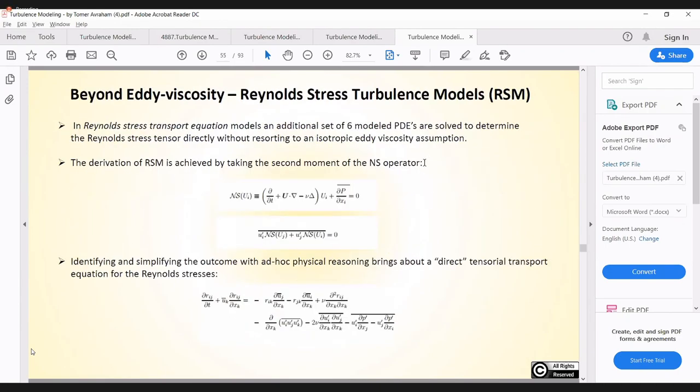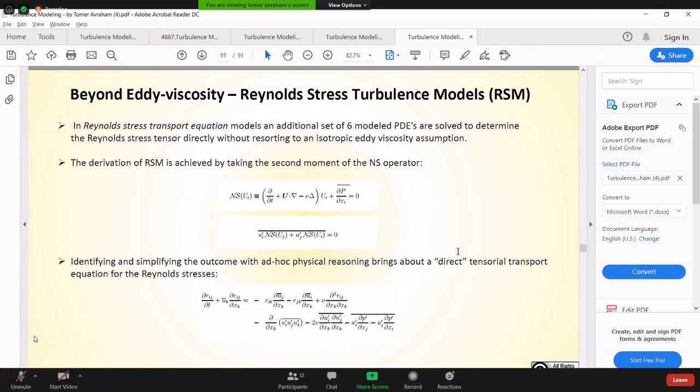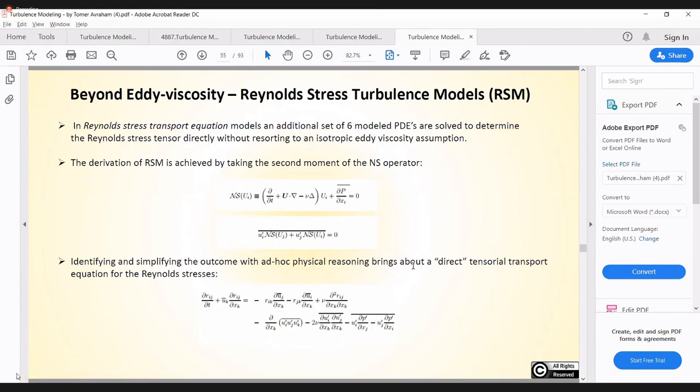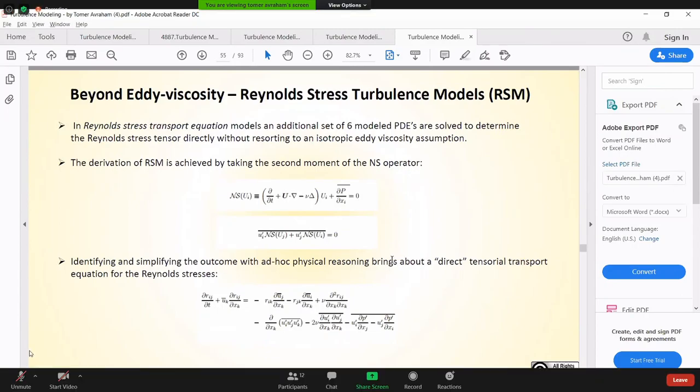Beyond eddy viscosity, we have the Reynolds stress model, which I know none of you have ever used, or maybe you did, Madeline. Did you ever use an RSM model? No, I have not to date. No, because it's too stiff and it's too hard to converge, and it gives you no turbulent content anyway. Still Reynolds-averaged Navier-Stokes.